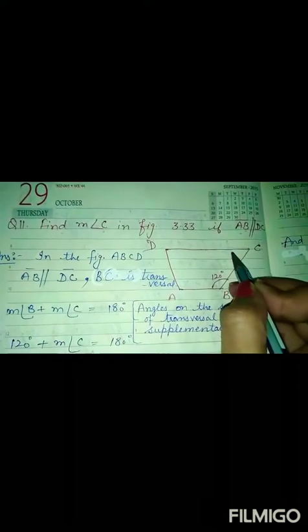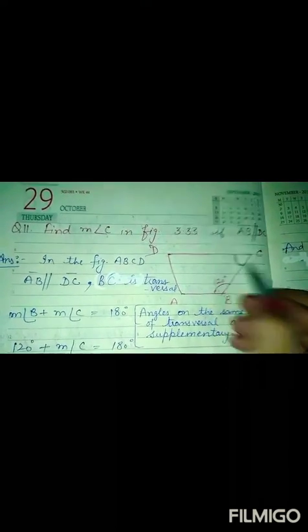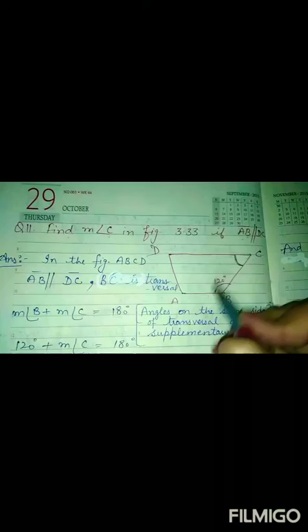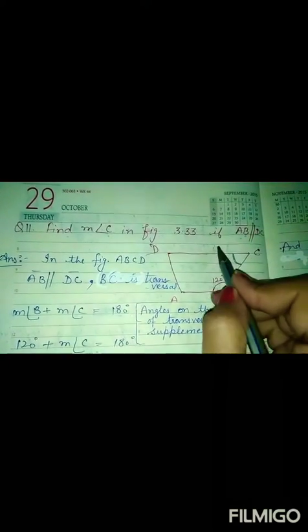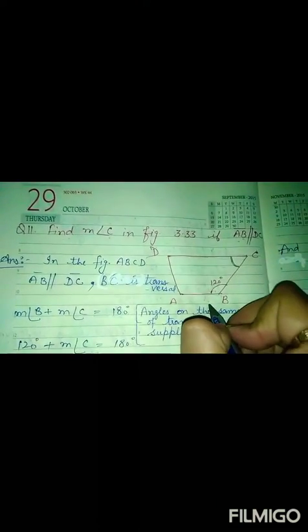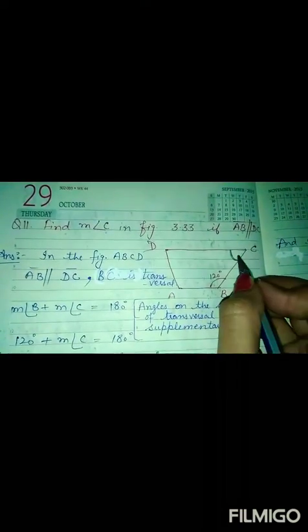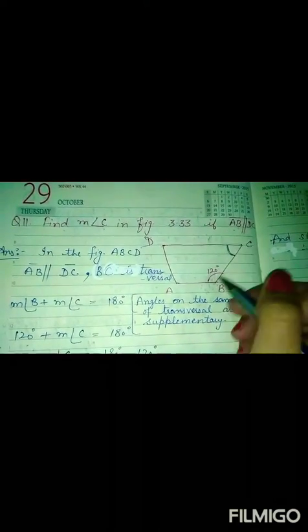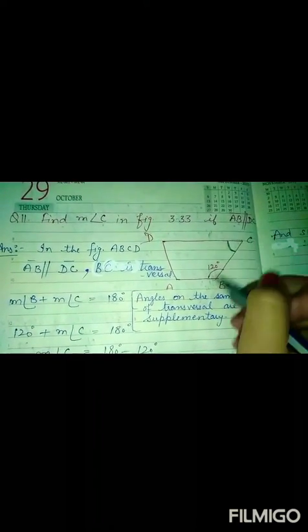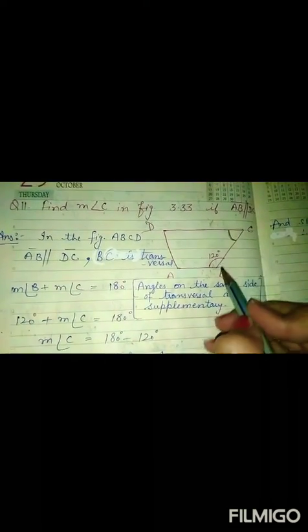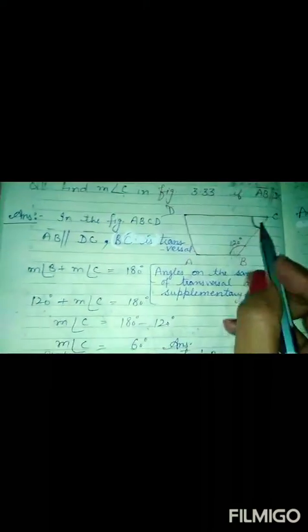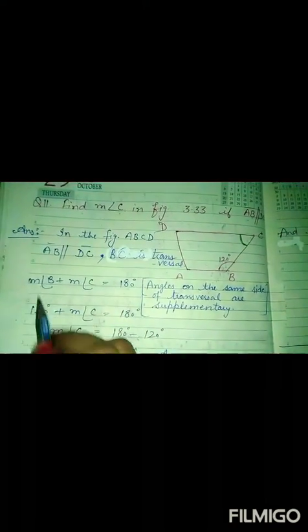So the measure of angle B and C should be 180 degree, because the angles on the same side of transversal are supplementary. Then measure of angle B plus measure of angle C equal to 180 degree. It is given to be 120 degree. Measure of angle C we can find, that is 60 degree. This is the answer.